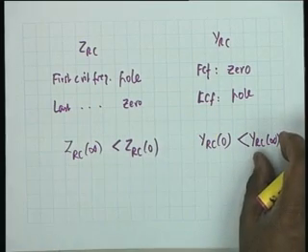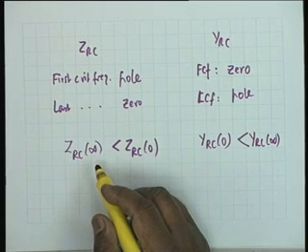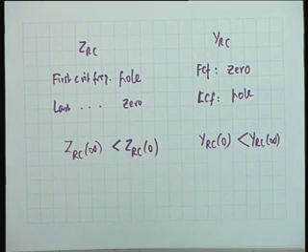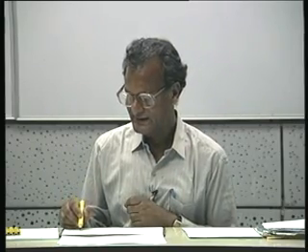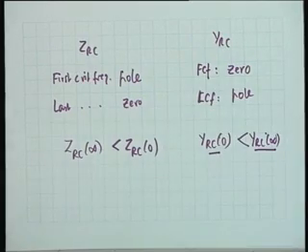If YRC has a pole at infinity, obviously it is infinitely large. Nevertheless, if it is a constant, then this constant must be greater than this constant. That is what it means. If it is a pole, then we do not bother.